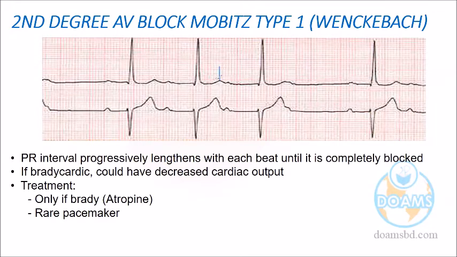This is T, followed by P. So this is prolonged, this is prolonged, and the RR interval is the same. But if we come here, there is a P, there is also a P, and in between no QRS. So there is a drop beat. It's very characteristic. A drop beat is very characteristic for second degree atrioventricular block.